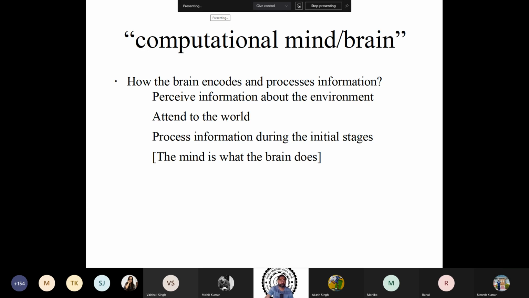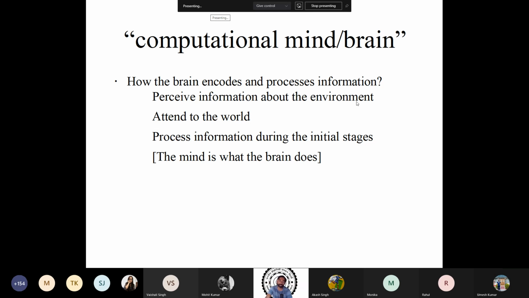So the research agenda would look like how the brain encodes and processes information. I just used brain because I find it slightly easier to use than mind, but you can use mind also. How do we perceive information about the environment, which is the larger question, and this again is the fundamental way of how we go ahead living our lives.